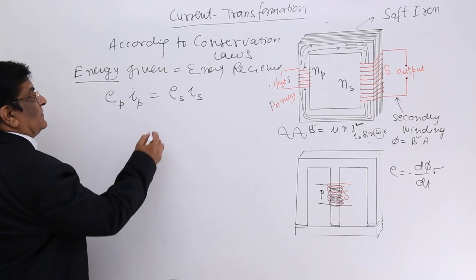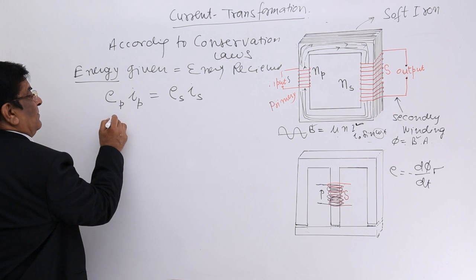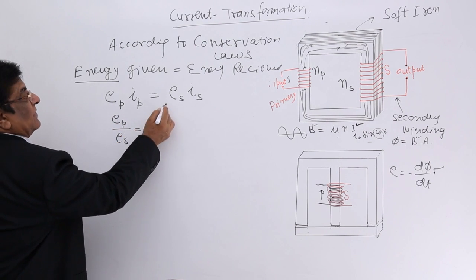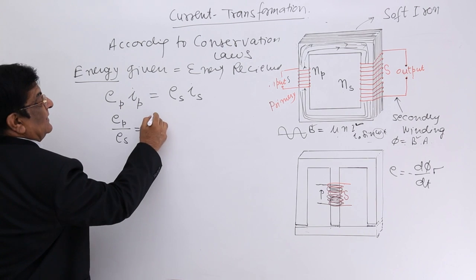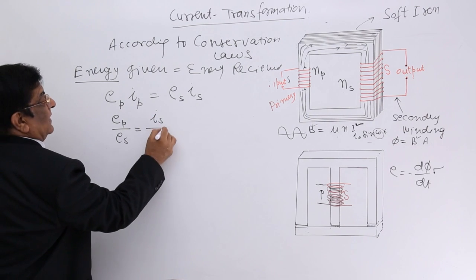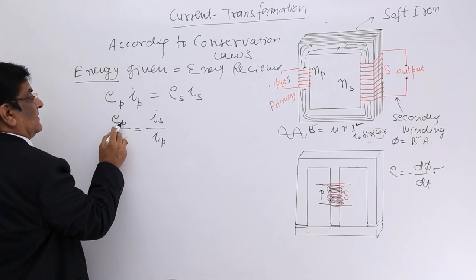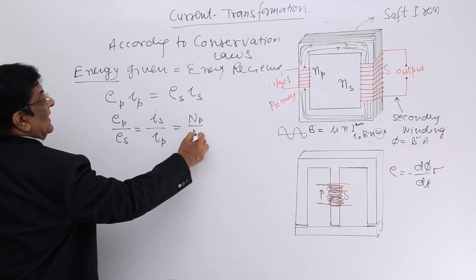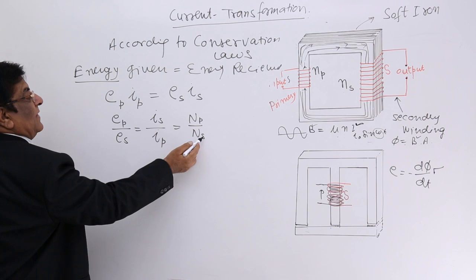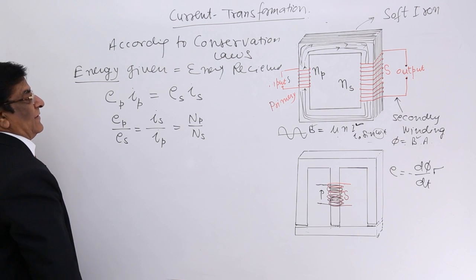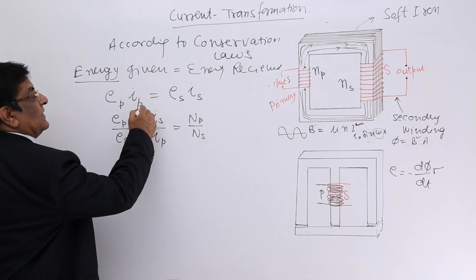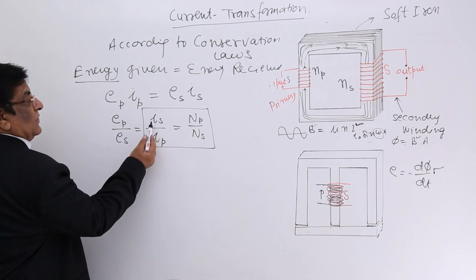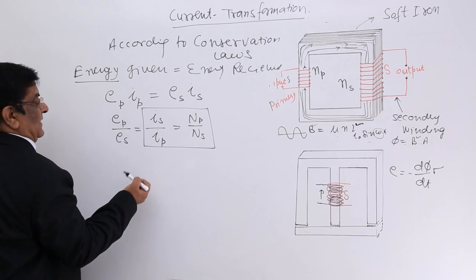Now according to this, we can find that EP upon ES is equal to IS divided by IP. But we know that EP upon ES is equal to NP upon NS, that is number of turns in primary, number of turns in secondary. So this is the relation, and we pick up this part of it. So this is current in secondary, current in primary.